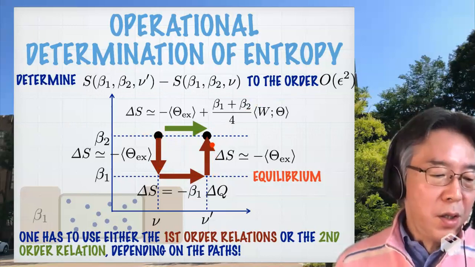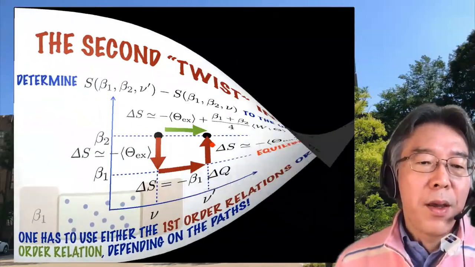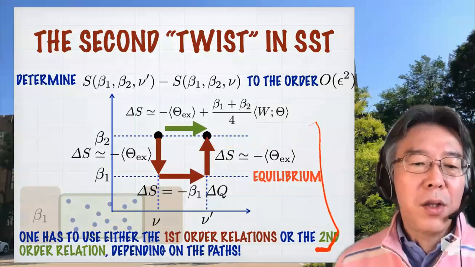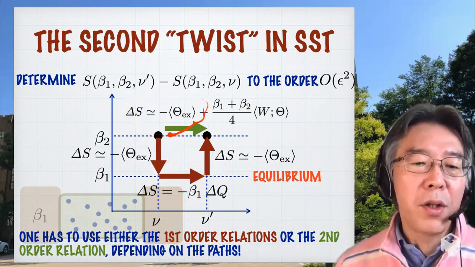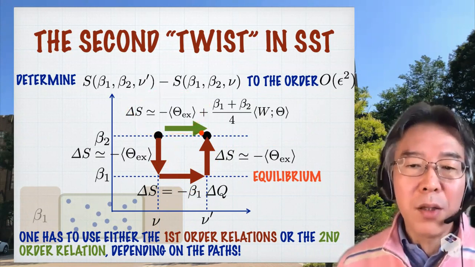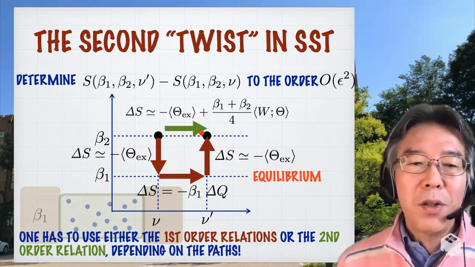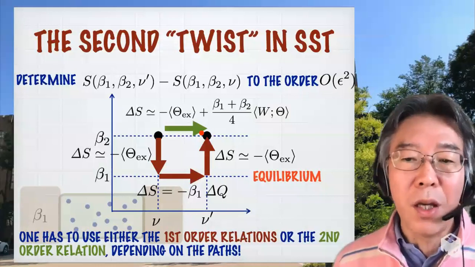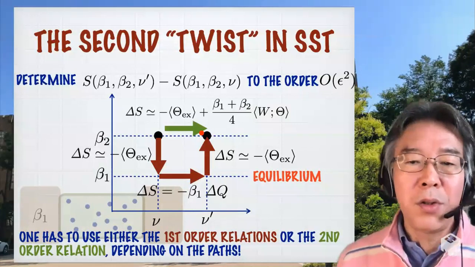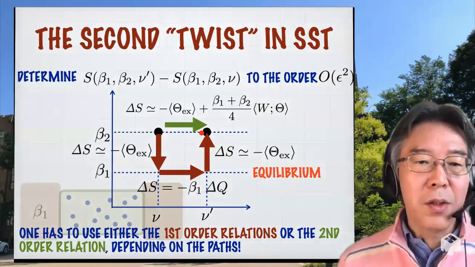But isn't this a twist? Because in order to get this same precision, you have to use either the first order relation or the second order relation, depending on the path you take. This is a very weird twist, which is again suggestive, but we still don't understand what this means.